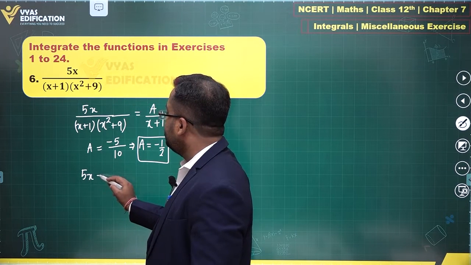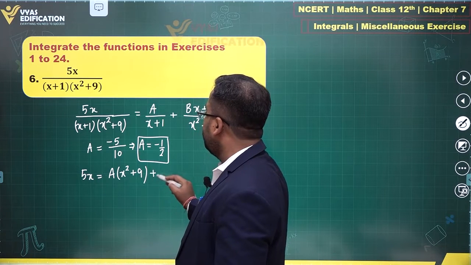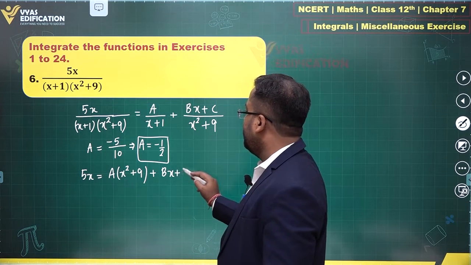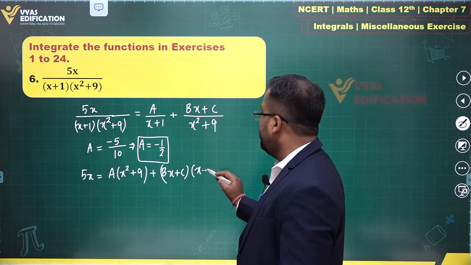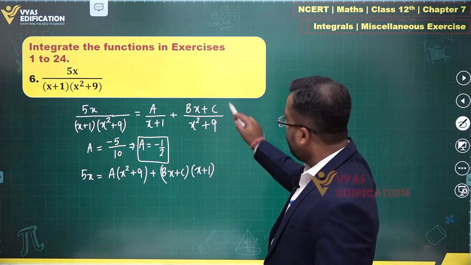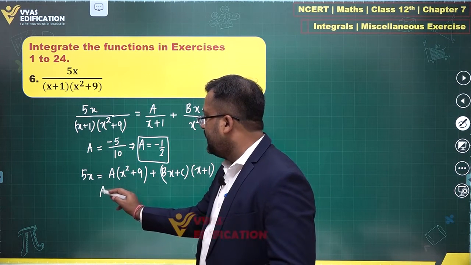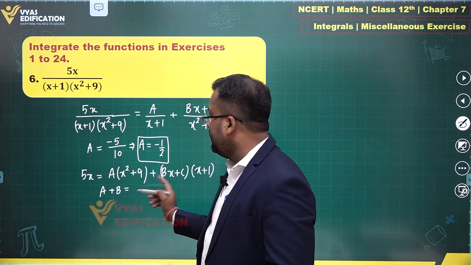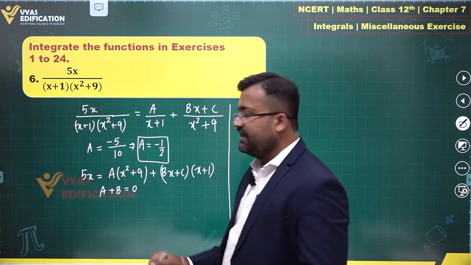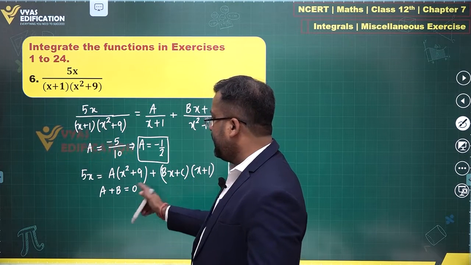So 5x is equal to a times x square plus 9 plus bx plus c. Taking the LCM in the numerator, you will get this, right? And from here, what do I observe? a x square plus b x square, that is the coefficient of x square on the right hand side, which is equal to 0 on the left hand side. So there is no term of x square over here. And since a is equal to minus 1 by 2, b can be found over here.